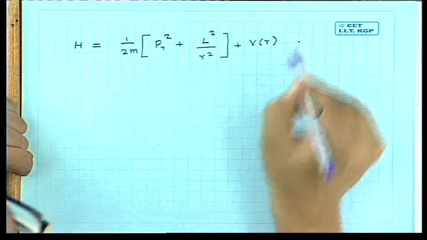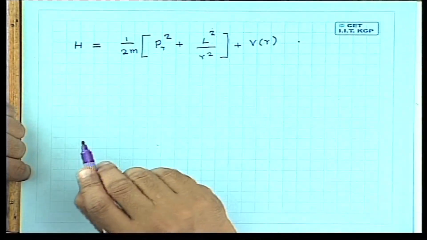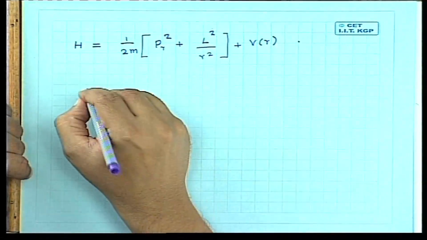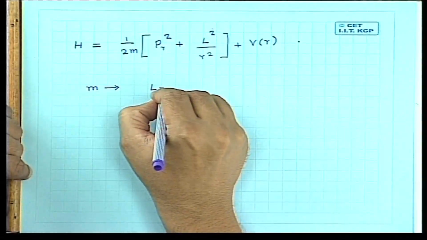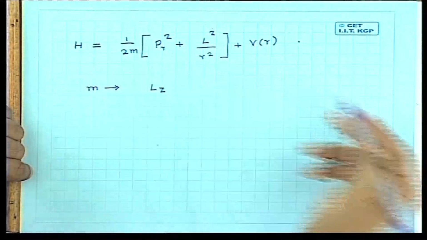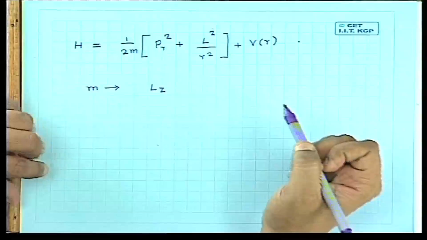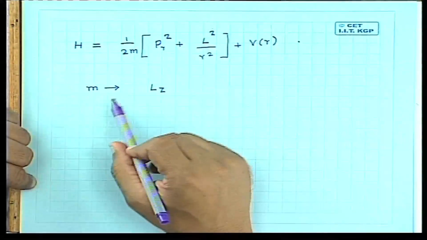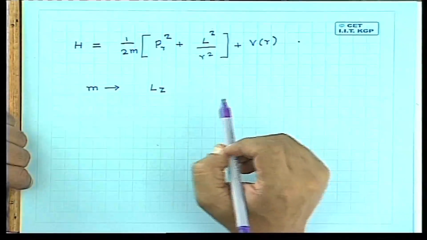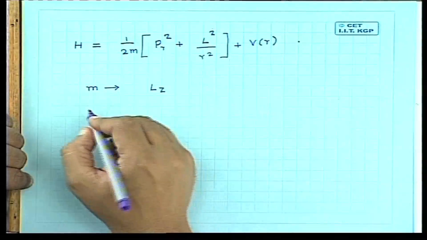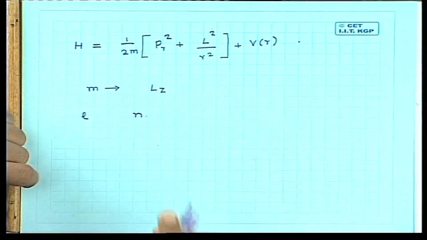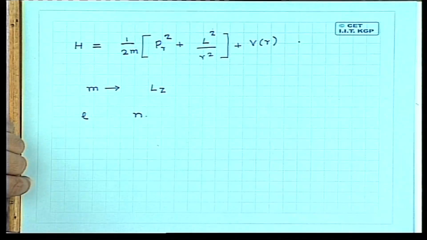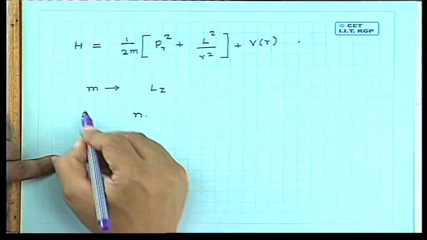So, based on the symmetries, you would expect it to not depend on m, which is the eigenvalue of the z component, because the z component of the angular momentum does not appear anywhere in this. So, from the symmetry of the problem, you would expect it to depend on L and on some other quantum number which will tell you the radial part.